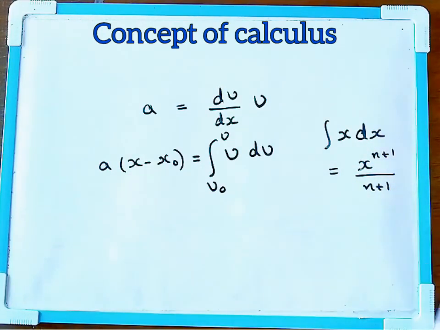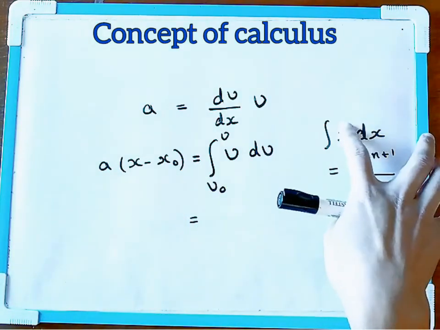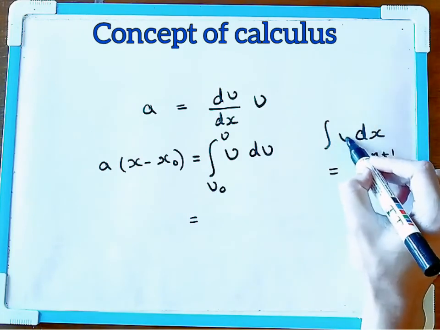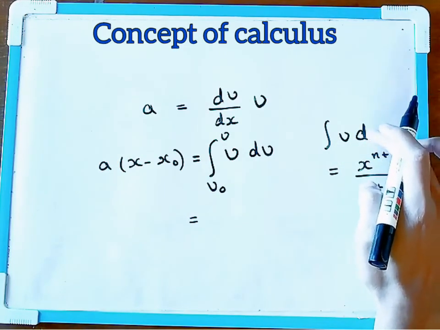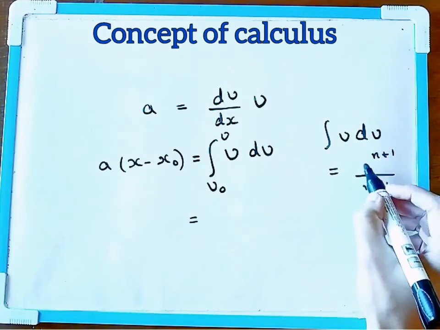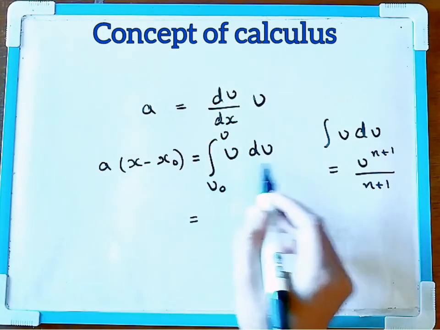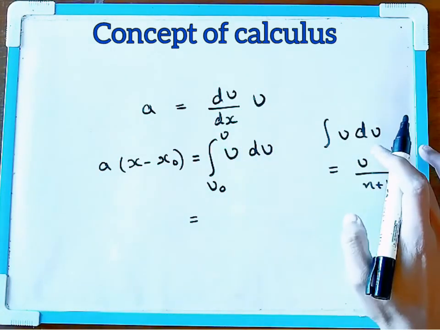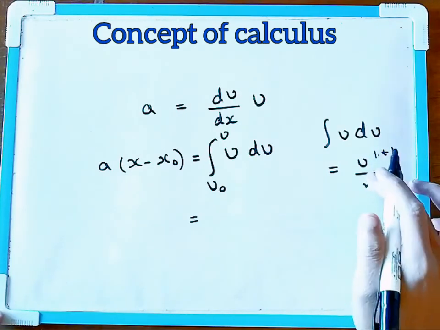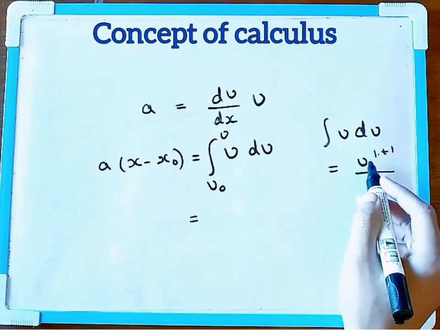So here we have v. Instead of this variable x, I'll write v, here also v, and here also n plus 1. Since n is 1, we have 1 plus 1, and it will give you v square by 2.